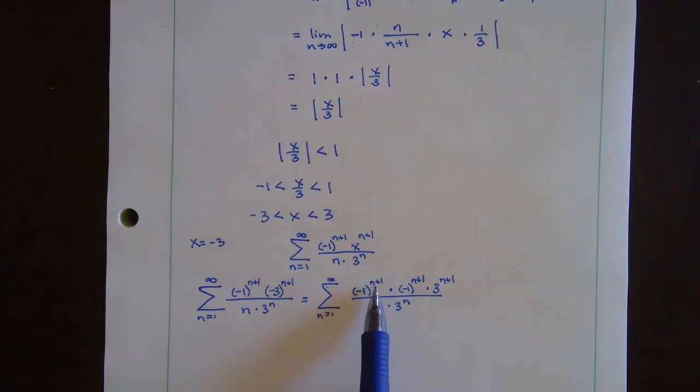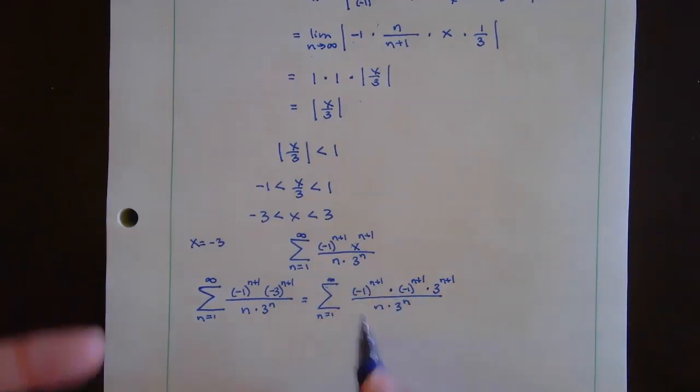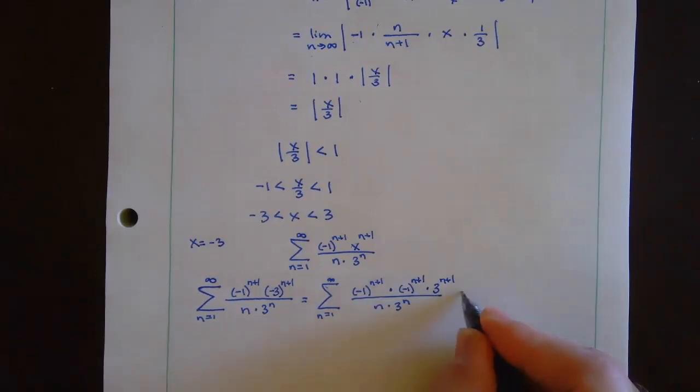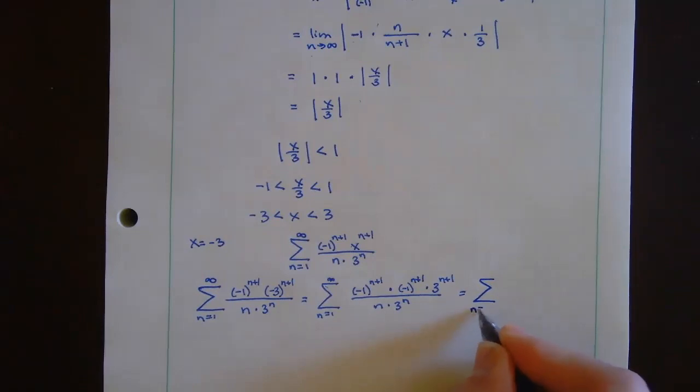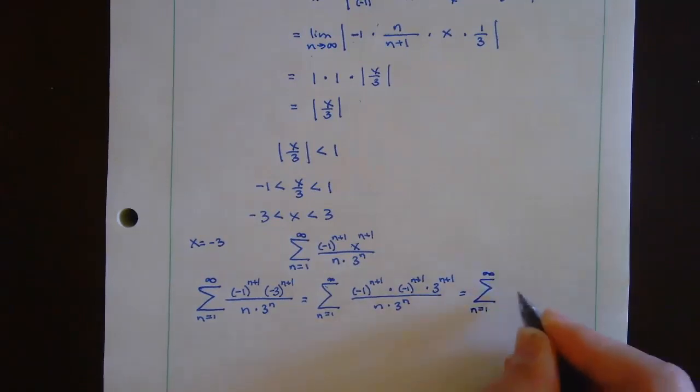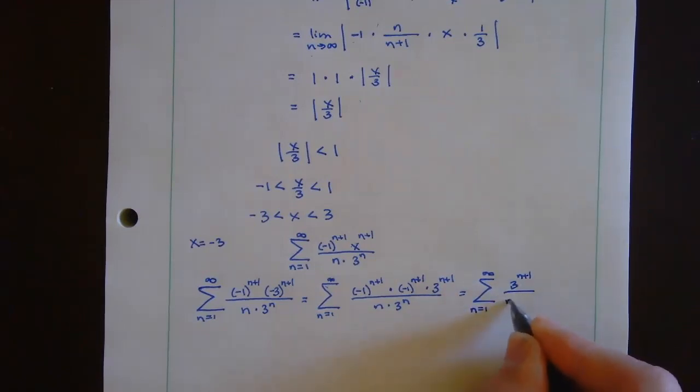This is going to be 2n plus 2, right? Which makes this a -1 to an even power, because 2n plus 2 is always going to be even. So this is going to become the sum from n equals 1 to infinity of 3 to the n plus 1 over n times 3 to the n.